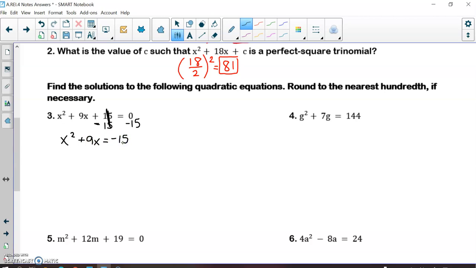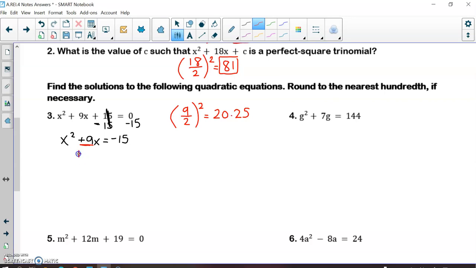Now, I'm going to turn that x squared plus 9x into a perfect square trinomial. How I do that is I take my b value, which in this case is 9, I divide by 2, and then I square that number. Well, 9 divided by 2 is 4.5, and 4.5 squared is 20.25. So I'm going to add that into my equation.